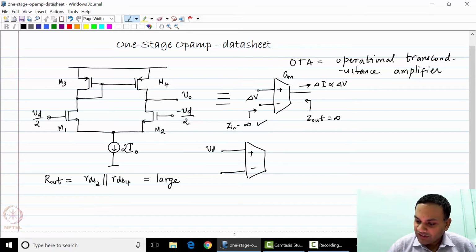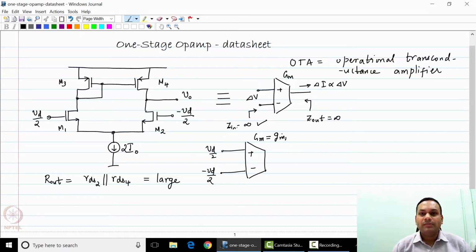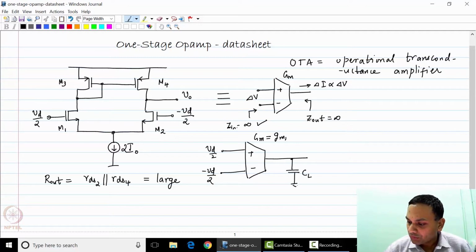So, this is the positive input and this is the negative input, and the transconductance of the op-amp is small gm1, in other words the gm of M1 and M2, and if it were driving a capacitive load at the output, it would also have its own output resistance that can be represented by R out.